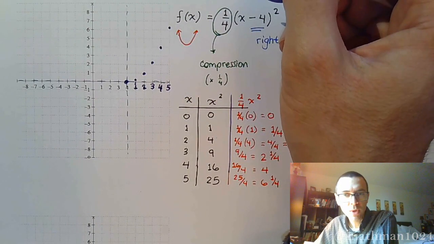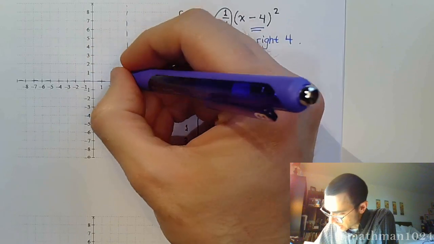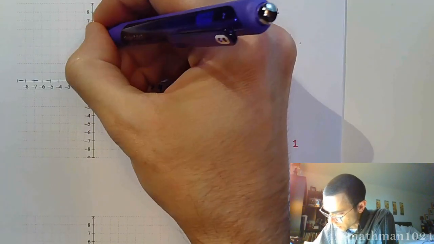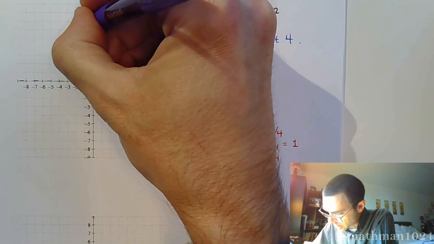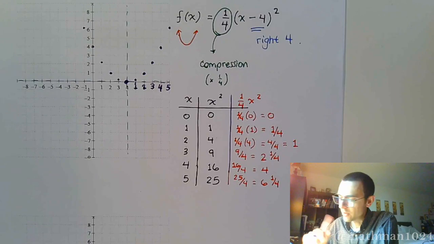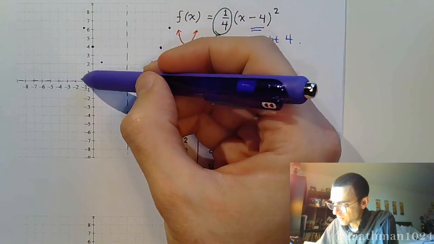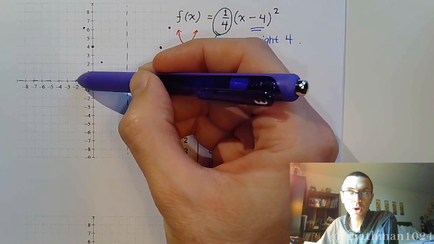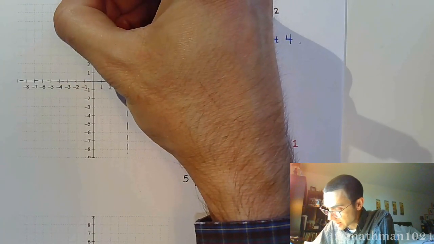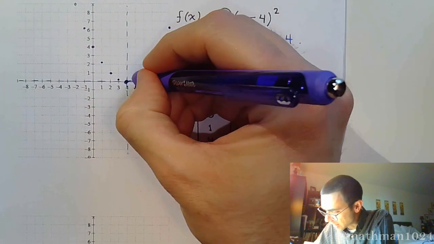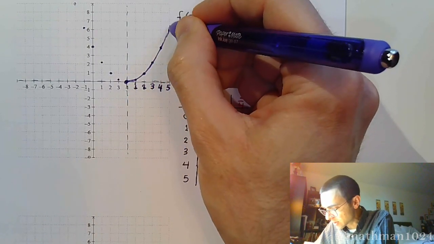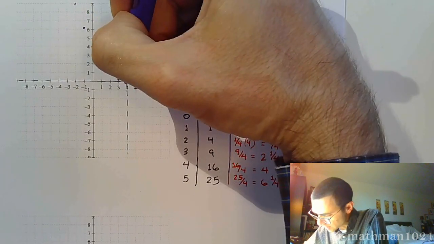And then I can take those points and copy those on the other side of the graph. So there's 1/4, 1, 2 1/4, 4, 6 1/4. And if you go one more, 6 squared is 36, and 36 divided by 4 is 9. So that's the last nice point that we get. And then we connect the dots, just like this.